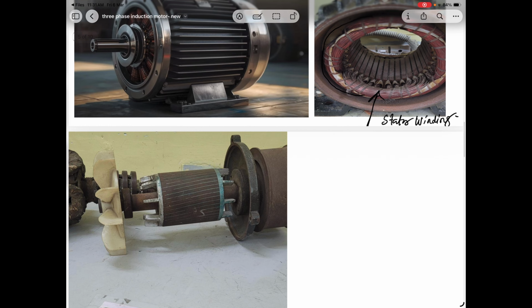And see this one, this is the rotor. It's a squirrel cage rotor. See the bars, this portion and this portion are not in a straight line. It is a little bit skewed. And this end ring, by this end ring, it is shorted.